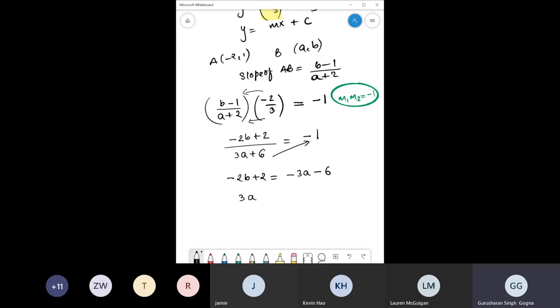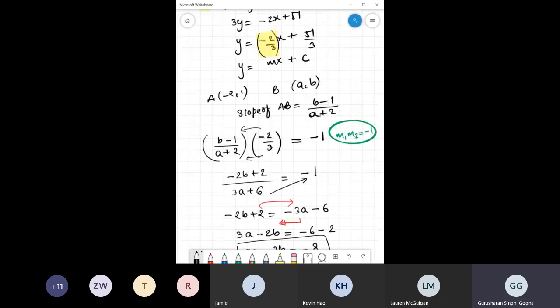So 3a minus 2b equals to minus 6 minus 2. So I'm moving this to this side and this to this side, so the sign will change. So 3a minus 2b equals to minus 8. So I got my second equation.